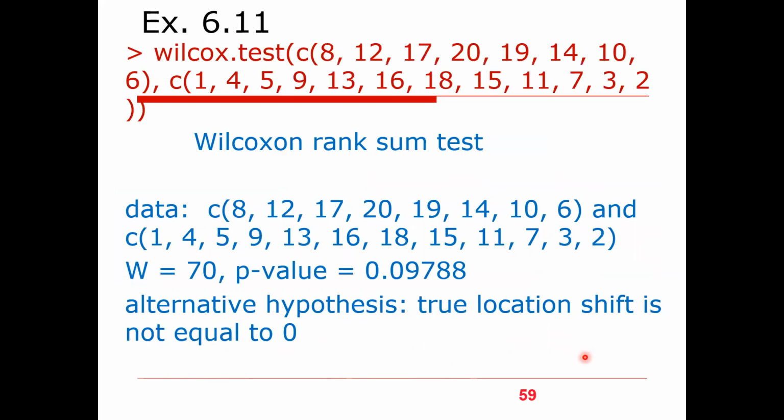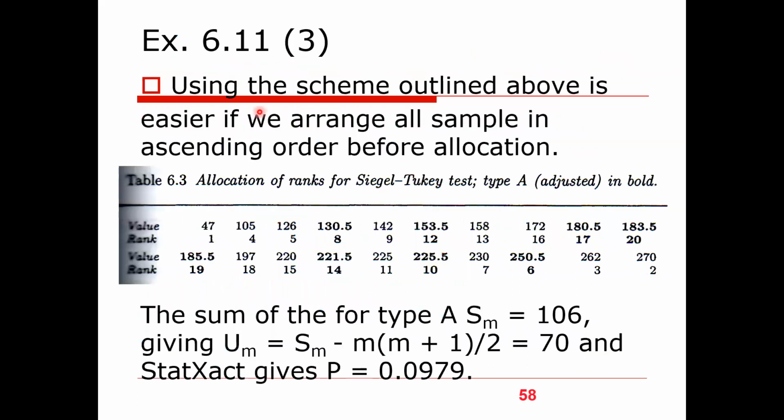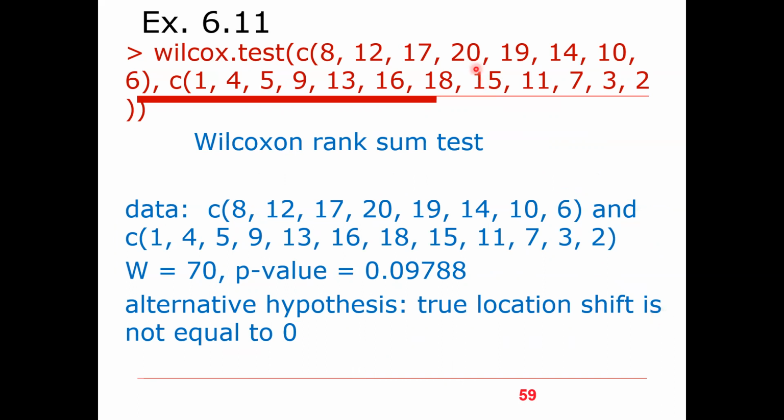In R, we don't even need to assign the ranks like this. We just need to input. If we use Wilcox test in R, we still need to manually allocate the ranks. When we have the rank of the two samples, we need to separate sample 1 rank, sample 2 rank, and then input those ranks here as two numeric vectors.